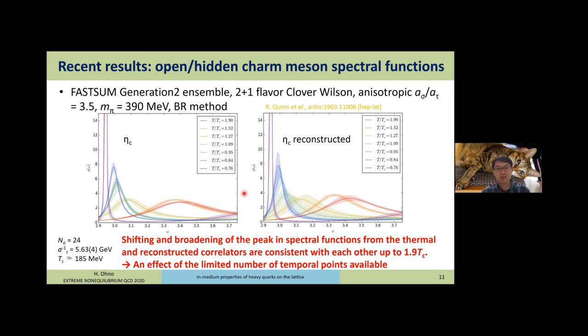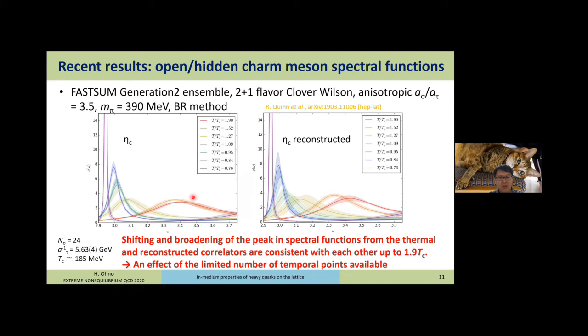They said they found some temperature dependence of the spectral function, but this temperature dependence was found in both of these correlation functions. That means this temperature dependence might be due to the number of data points, so that doesn't necessarily mean this is the real temperature dependence.